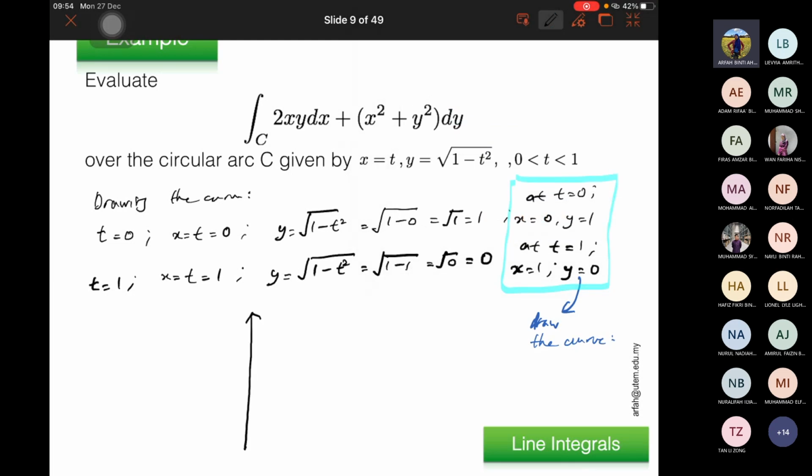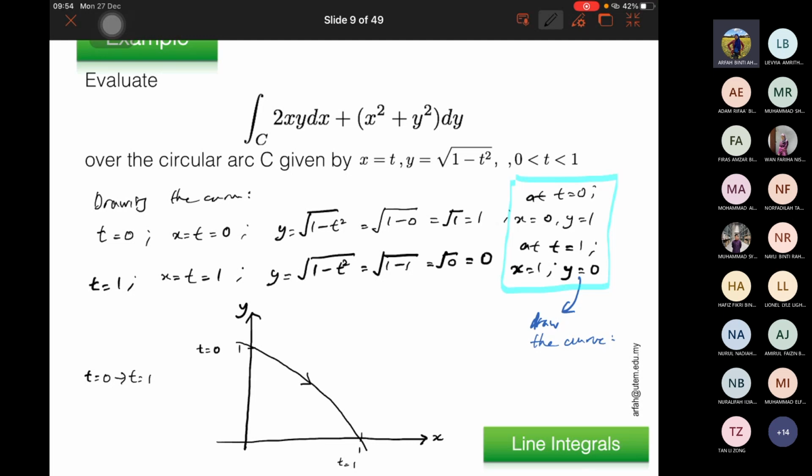If you draw the curve, we have X and also Y. So X is 0, Y equals 1, this is at t equal to 0. And then X equals 1, Y equals 0, this one at t equal to 1. So it moves, of course, from t equal to 0 to t equal to 1. So the line will move from here downward.